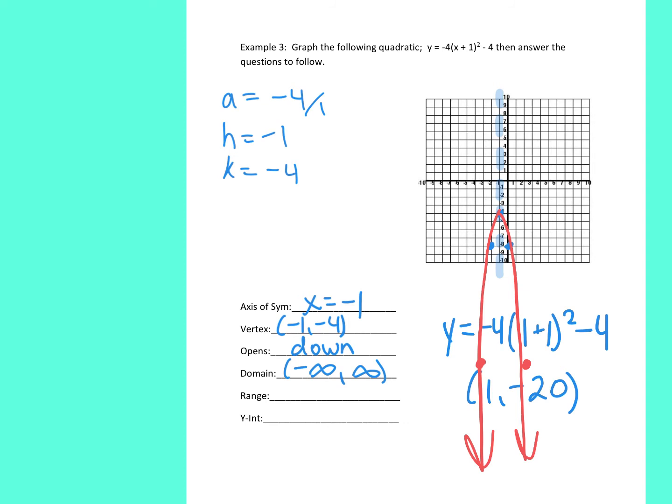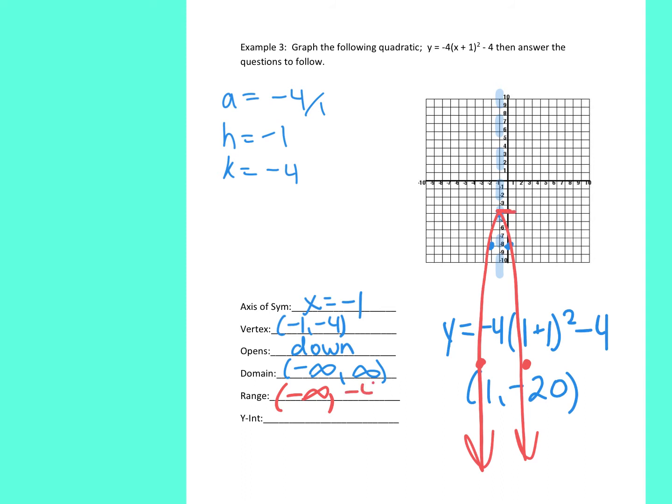Okay, the range. What do we think? So bottom to top. So the first thing is, where is this going down? It's going to negative infinity. Now to the top. Where's it end? On the y value.